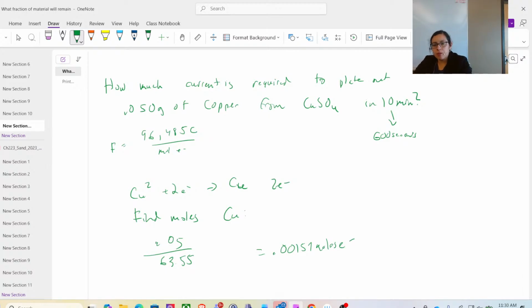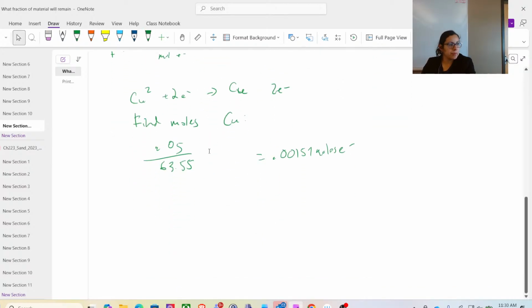And then we want to convert our moles to charge from our Faraday's constant. So we can figure out our Q by our Faraday's constant times our moles of electrons.